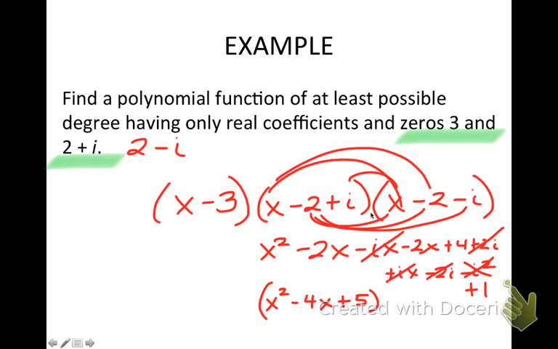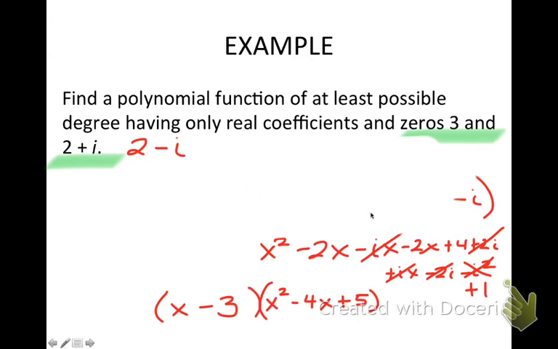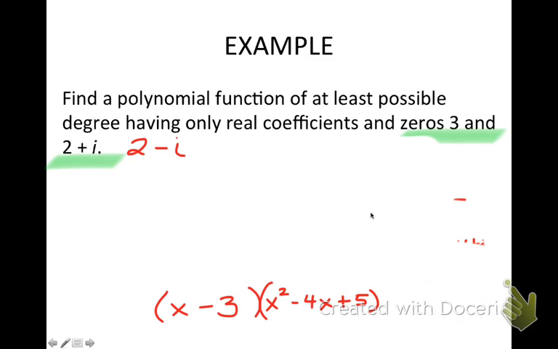So now I'm going to take that quadratic trinomial and multiply it with x minus 3. I'm going to erase this top part, side room. So multiplying that out gets you x to the third minus 4x squared plus 5x. Now take the negative 3 to everything.